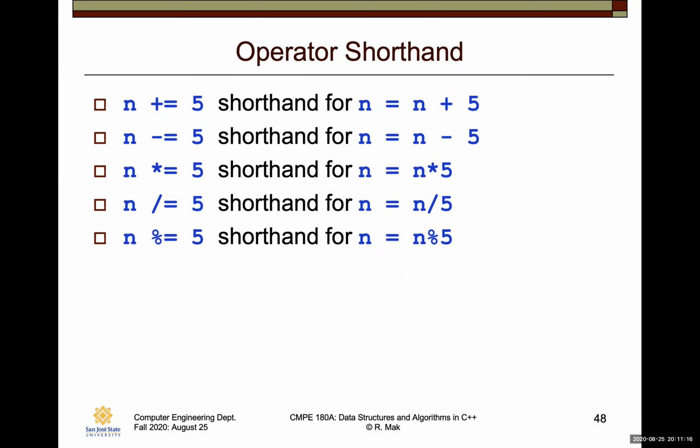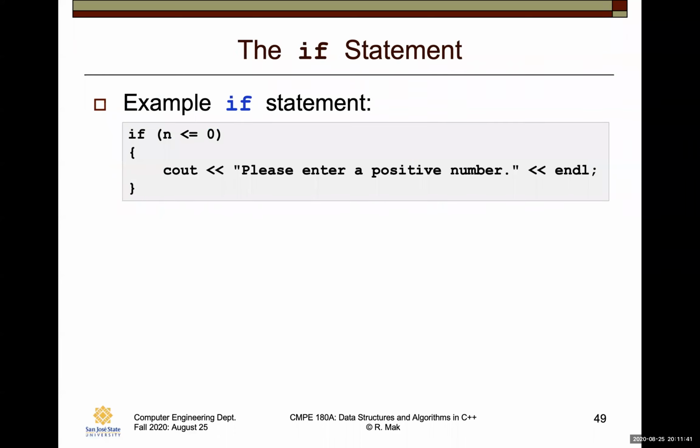And I mentioned that the C language had a somewhat arcane syntax, and C++ inherits that. You don't have to do this if you don't want, but this is very common. And even if you don't do it, you're going to see other people doing it when you read their programs. Okay? All right, let's take a look at the if statement.